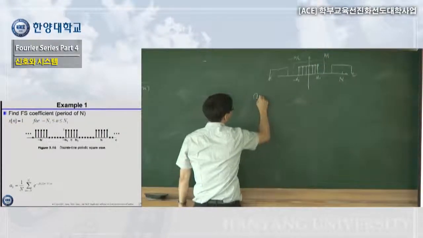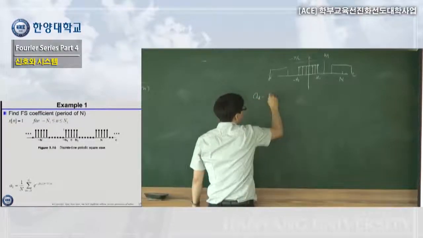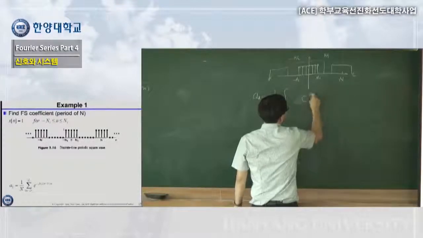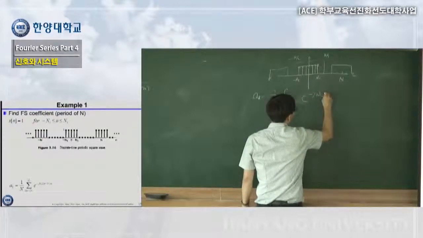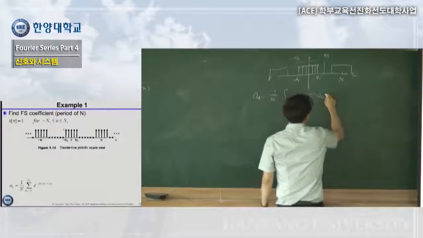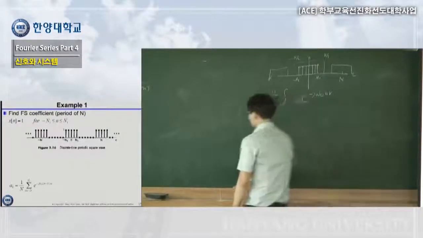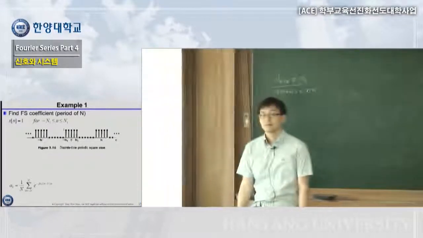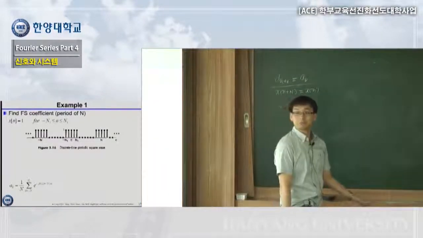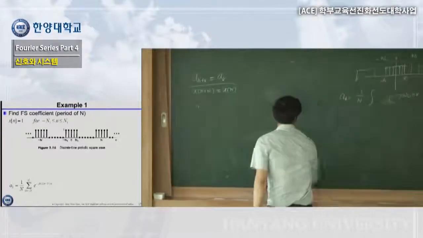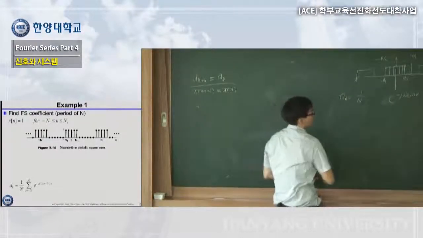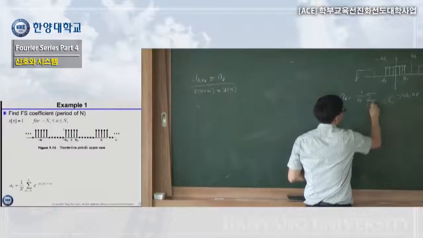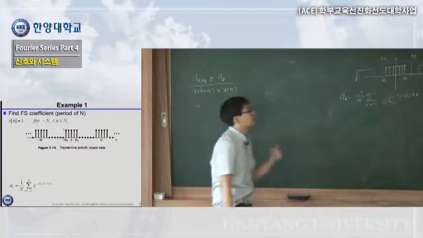Well, we already defined our a_k equals the sum over a period of x[n] e to the minus j omega 0 n k. Integration in continuous time goes to summation in discrete time.